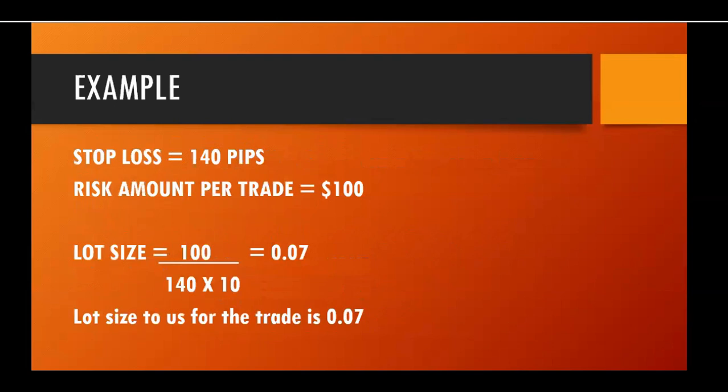Now, let's look at it. The value of our stop loss is 140 pips. The amount we are risking per trade is $100, and that is the 2% of $5,000 we calculated earlier on. So the lot size is going to be 100 over 140 pips, our stop loss, times 10, which equals 0.07.